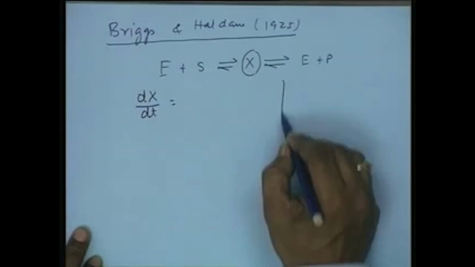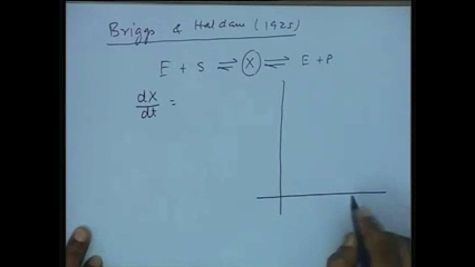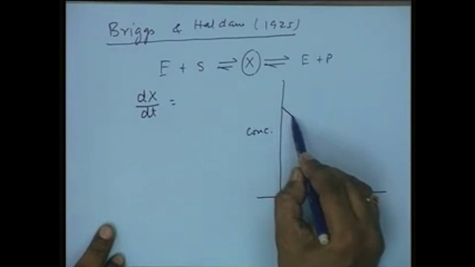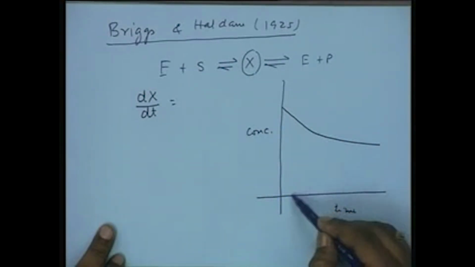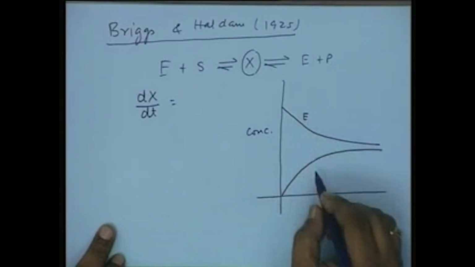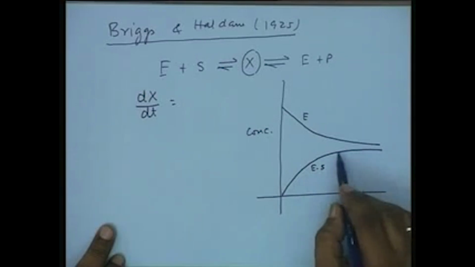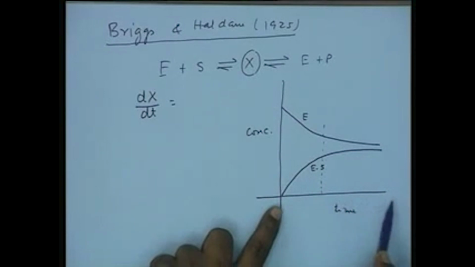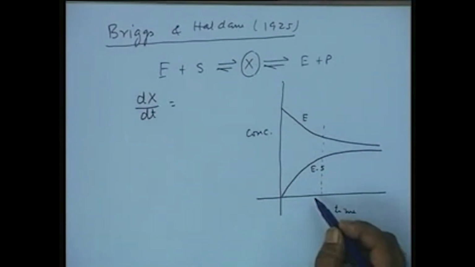If this is the time scale for the enzyme catalyzed reaction and this is a general concentration axis, then the enzyme concentration goes down and the enzyme substrate concentration builds up. This is the enzyme concentration, this is the ES concentration. This short time, shown here in expanded view, is probably only a few seconds.